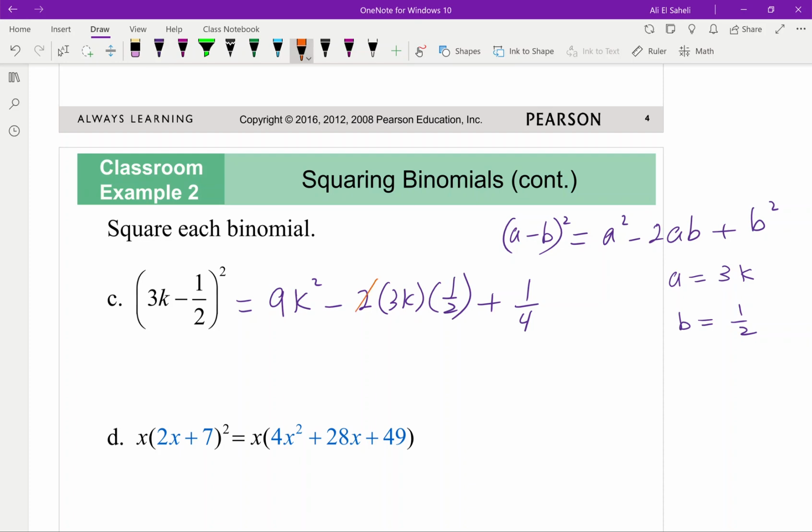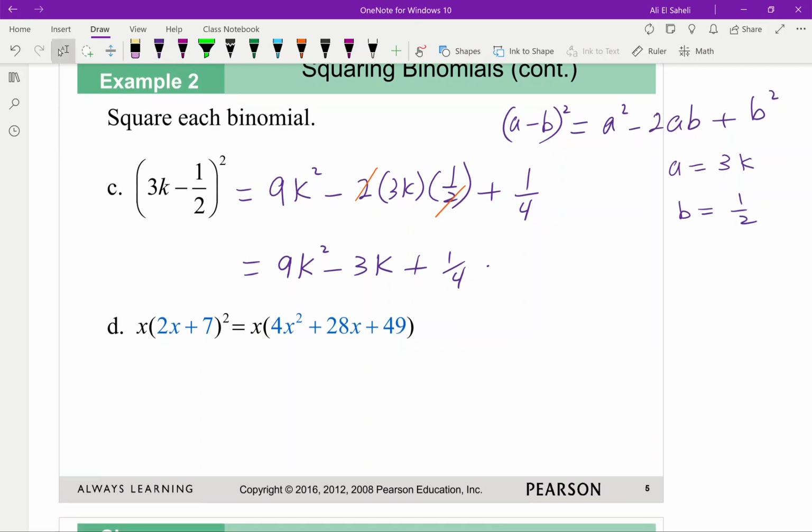So 2 goes with 2, and this is 9k squared minus 3k plus 1 over 4.